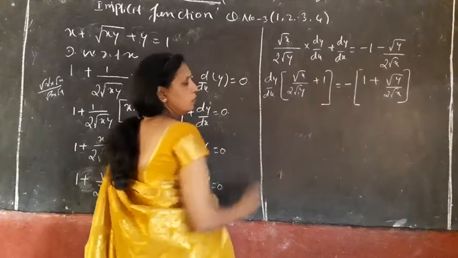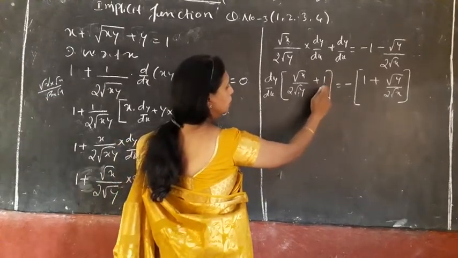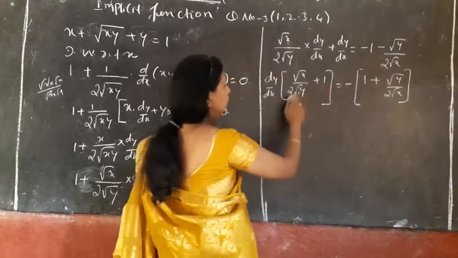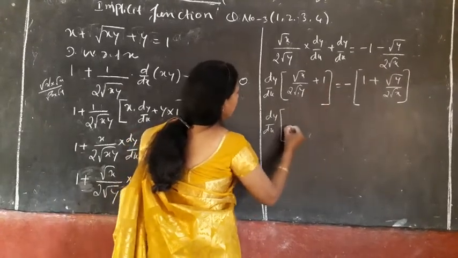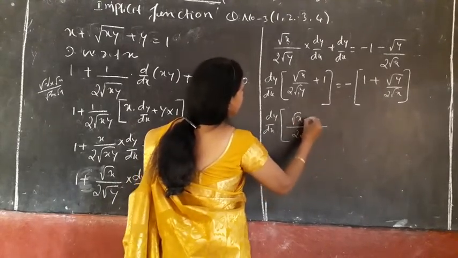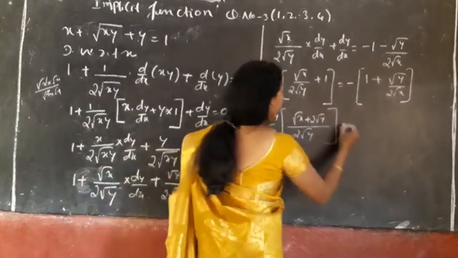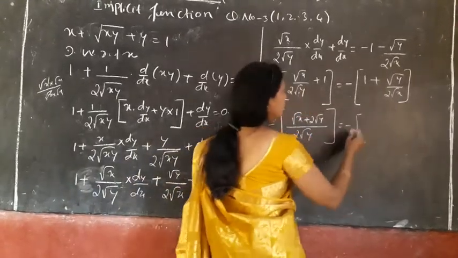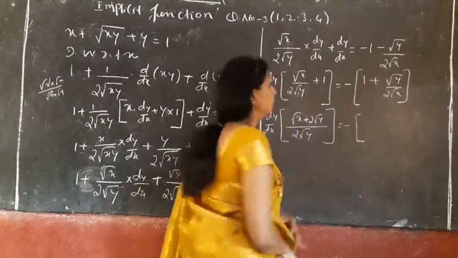By making the denominators the same, we are going to multiply the denominator and numerator by 2 root y, then the denominators become the same, 2 root y, and the numerator becomes 2 root y plus root x. Here also we are going to make the denominator the same, multiplying by 2 root x.